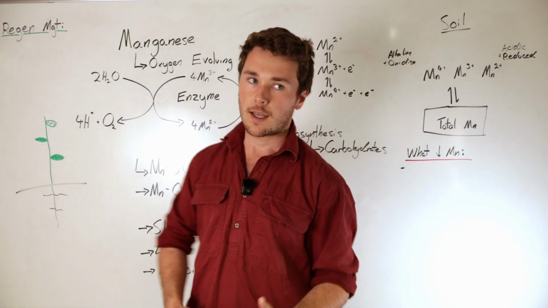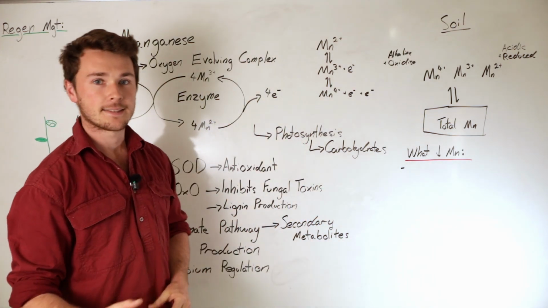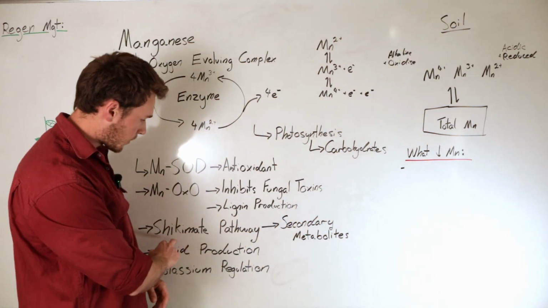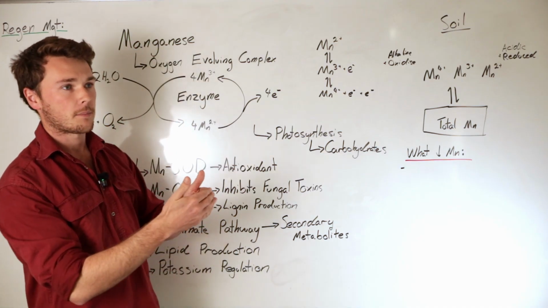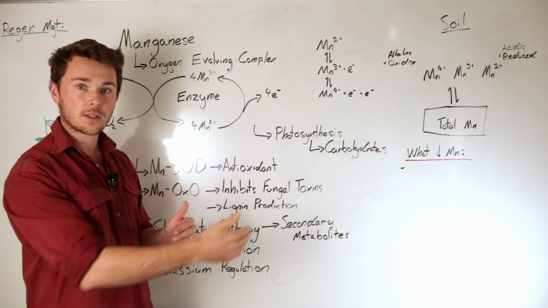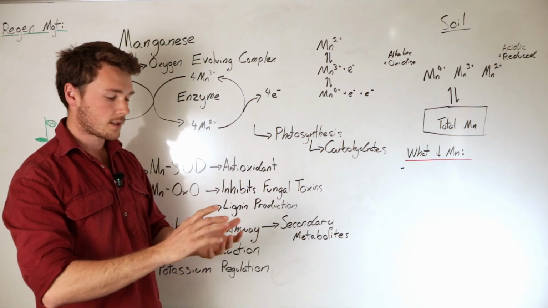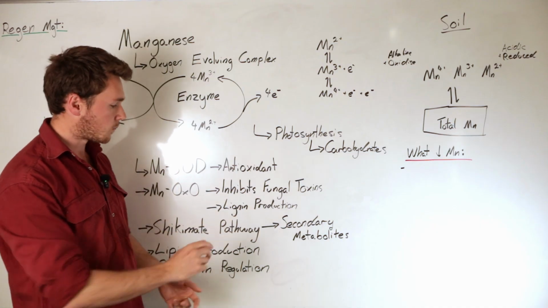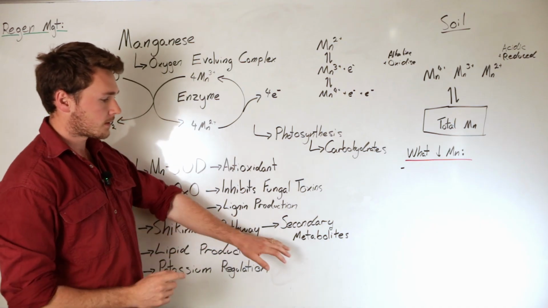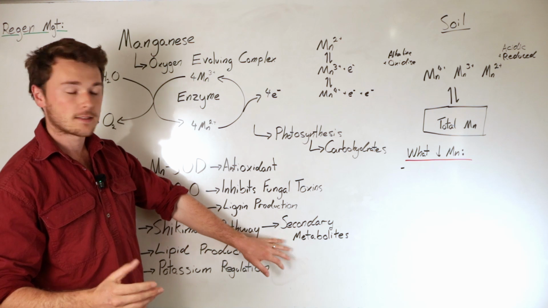Another very important process that manganese is used for is the shikimate pathway. This pathway is super important for developing secondary plant metabolites, which contribute to a lot of the quality components of the plant. Think of all the flavonoids, as well as lignin, as well as aromatic amino acids.